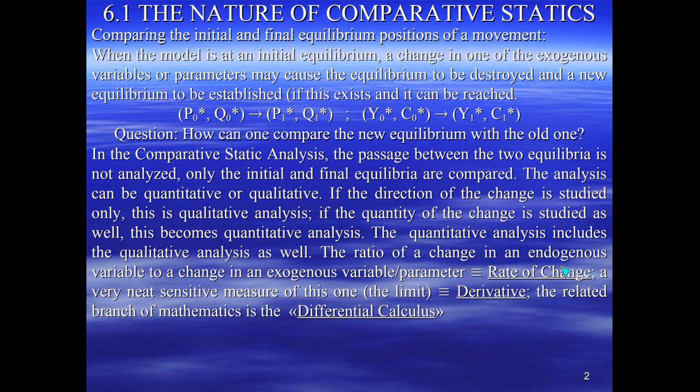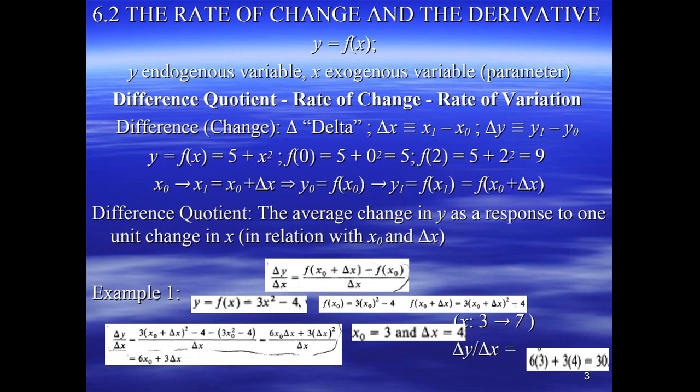But if this ratio is measured in a very neat, sensitive way, taking the limit of this rate of change, then we obtain the derivative of y, for instance, with respect to x. And the related branch of mathematics, which we are starting now, is called differential calculus. This is the branch of mathematics dealing with these infinitesimal changes, very small changes. So, 6.2, we are at 6.2, the rate of change and the derivative.